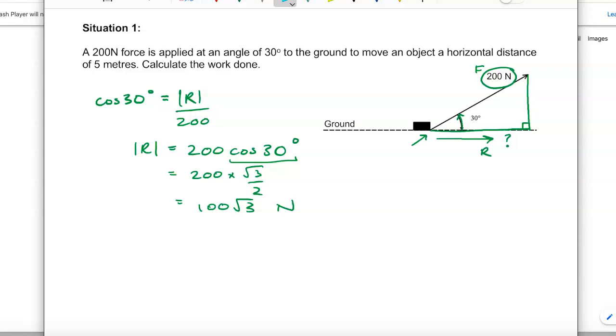But what we want to do is move the object horizontally 5 meters. So the work done by this force is going to be the force result itself times that distance that we want.